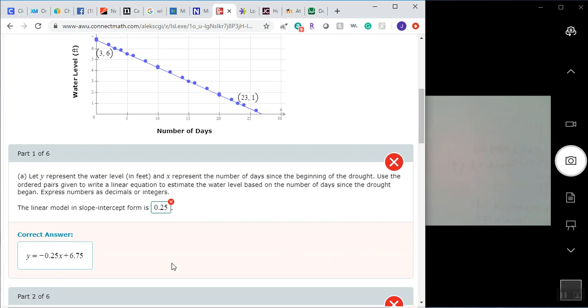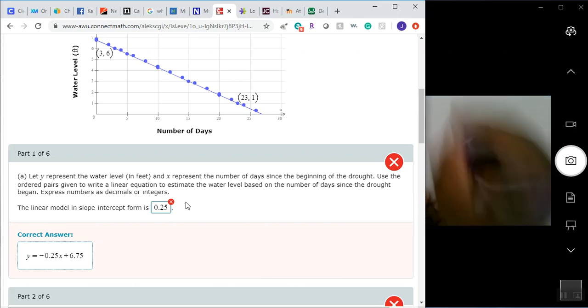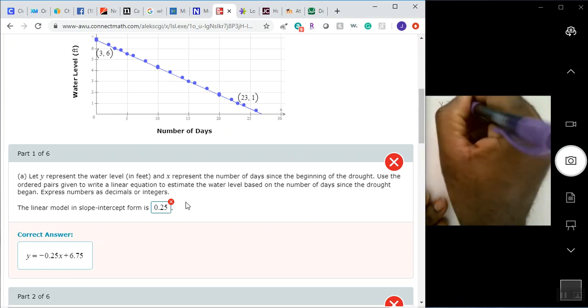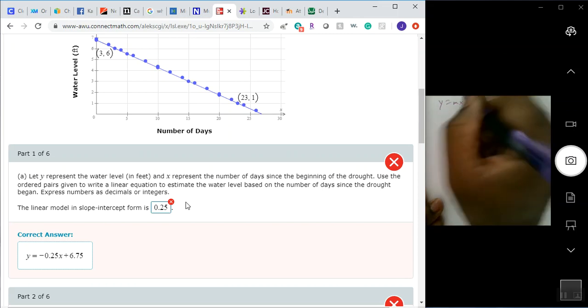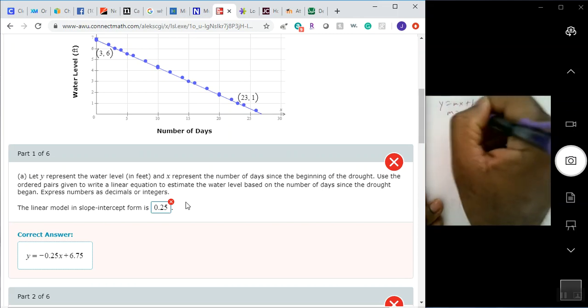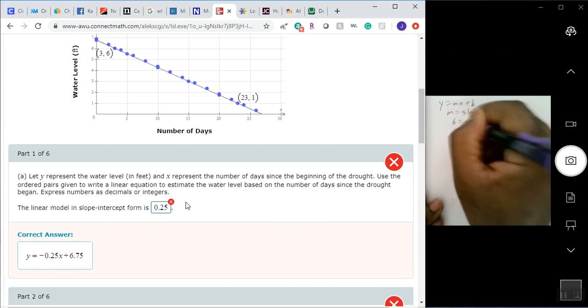First of all, the linear model's equation is the slope-intercept form, which is y equals mx plus b. We know that m is the slope and b is the y-intercept.